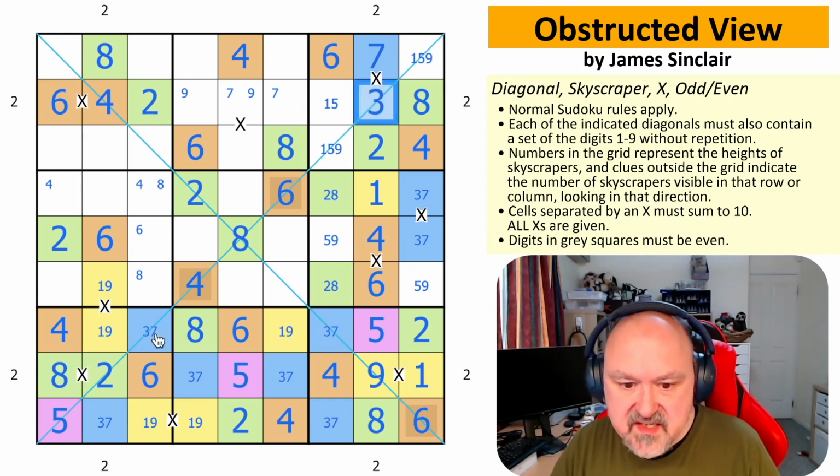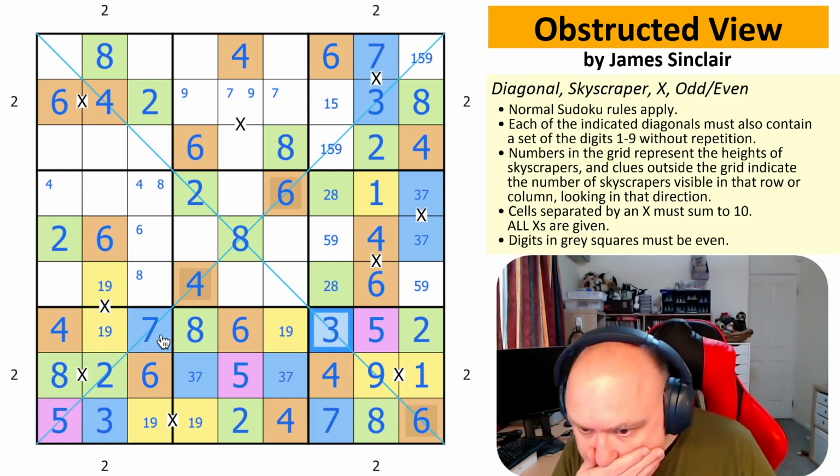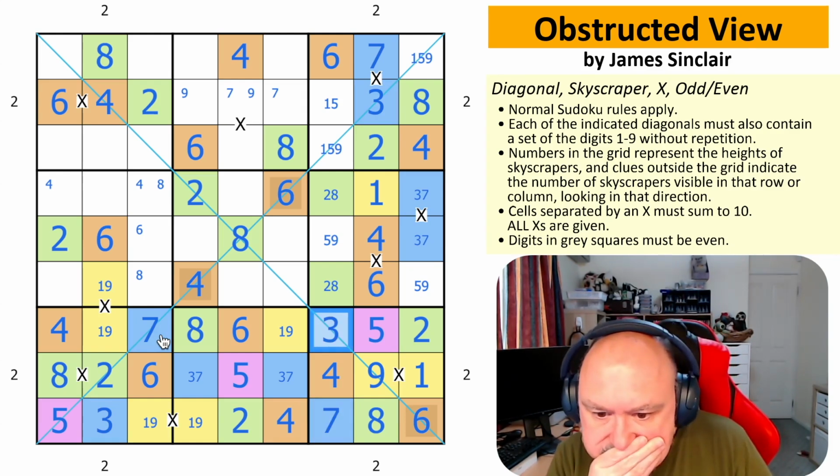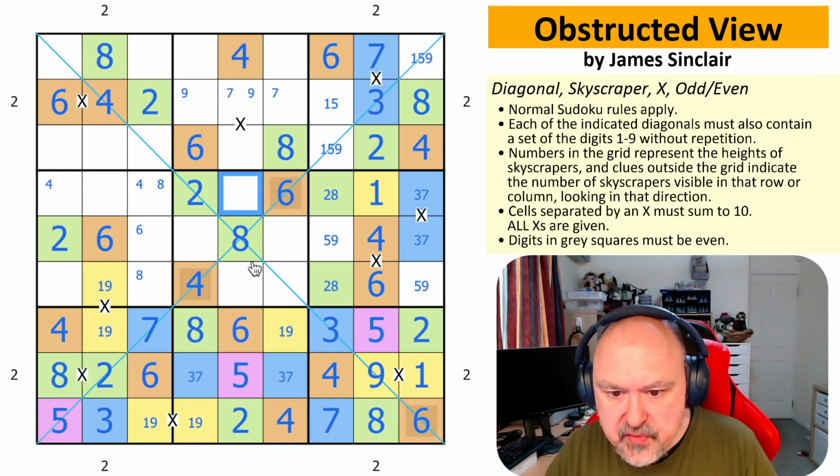Oh, this 3 makes this 7, which makes this 3, which makes this 7, which makes this 3. So I need to put 2 blues, 2... This is why I struggle with colour. 2 blues and 2 yellows into this box.